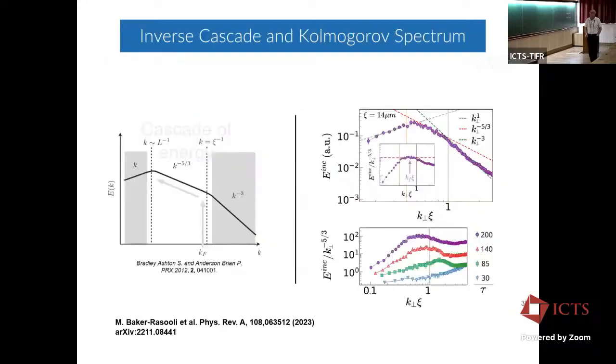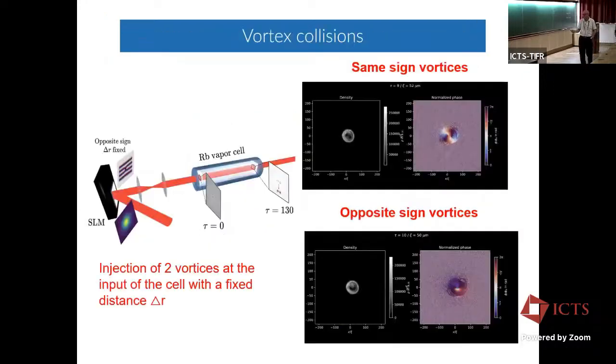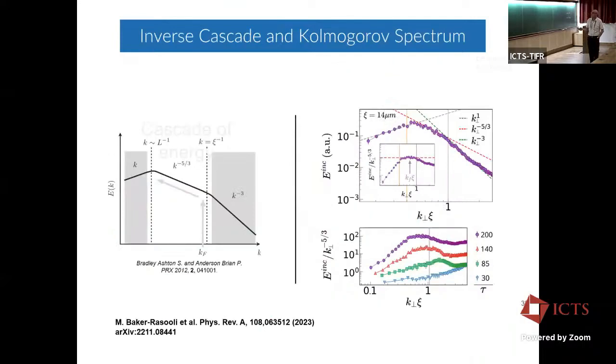And at the end, we can reconstruct the kinetic energy spectrum, and then we can see the different power-law scalings, k^1, k^-3, and k^-5/3 in the intermediate range of spatial frequency, as is expected by the theory.